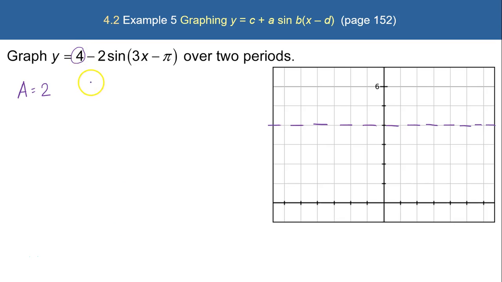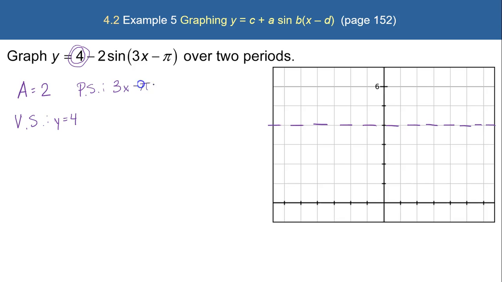And now let's calculate the period of our function and then our phase shift. Or let's calculate our phase shift first. For the vertical shift, if we're asked to find it, there you go. Vertical shift is y equals 4.